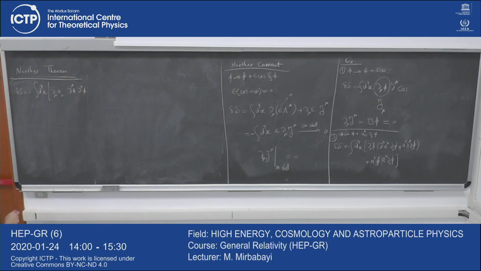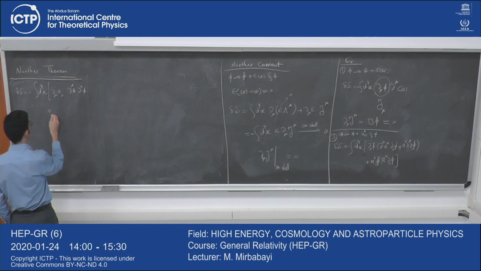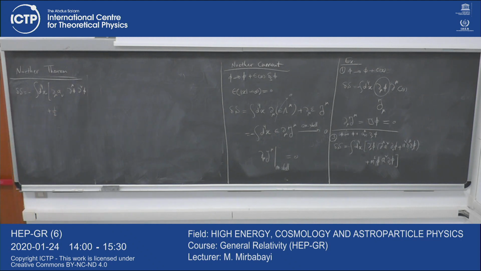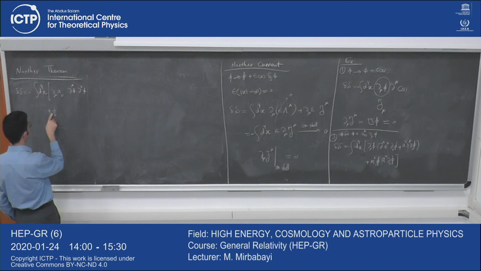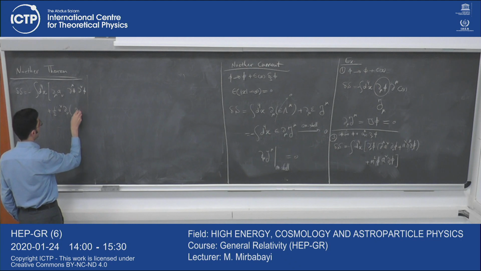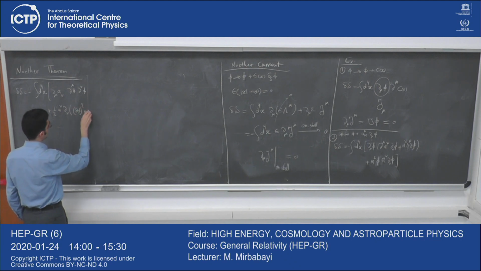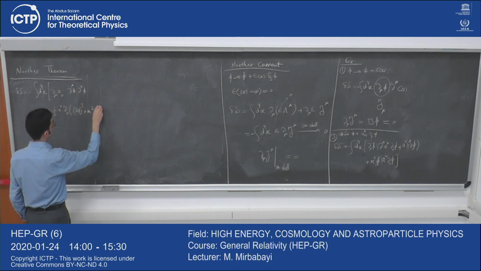This part remains there. The other piece is a mu. This is what we had before. So the other piece is 1/2 a nu d nu of d phi squared plus m squared phi squared.